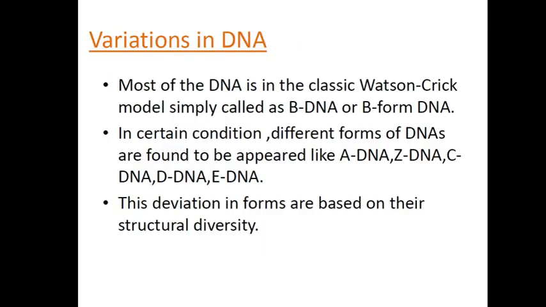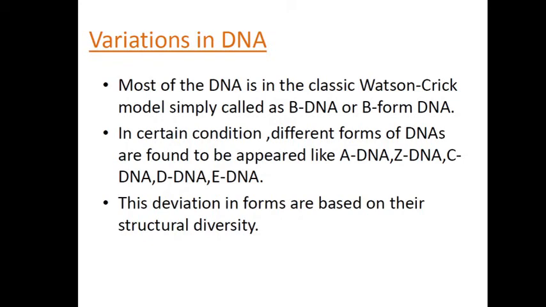Now, variations in DNA. Most of the DNA is in the classic Watson and Crick model. So Watson and Crick gave the data of the B form of DNA. The B form of DNA is the universal form, or the most prominent form that can be seen under most natural conditions.